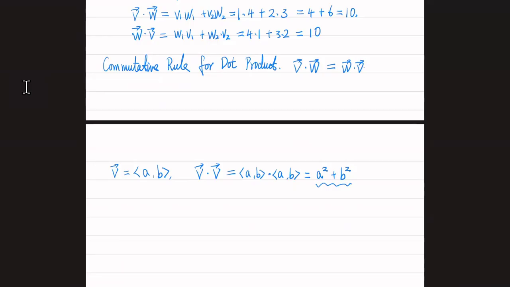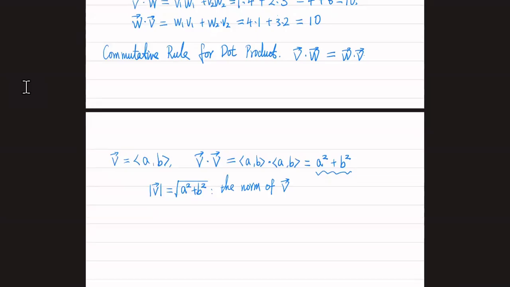If we take a square root, we call this the norm. It tells us how large the vector is.